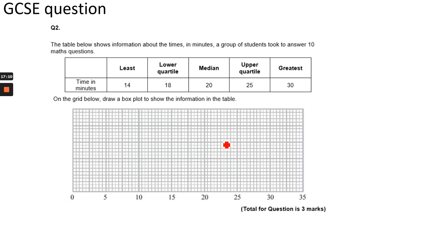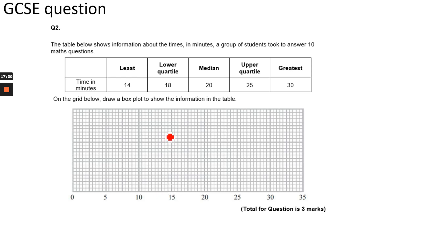Okay, so I've not got a ruler like I've said before, but what we've got here is every 2 squares is 1 value, isn't it? So that's going to be 11, 12, 13, 14.